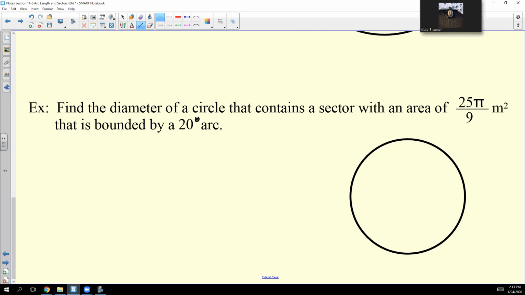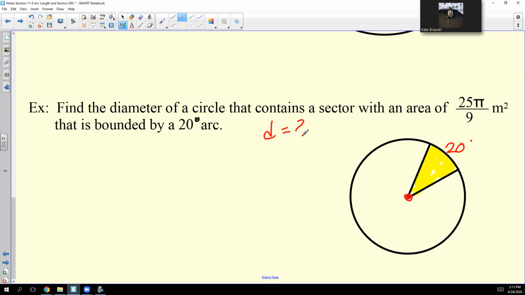And we're going to talk about a 20-degree arc. So we're just going to make that up right there. And our sector, our shaded sector, might look something like this piece, okay? And we have a 20-degree arc right here. This will be the center of our circle. And we want to know what's the diameter, right?